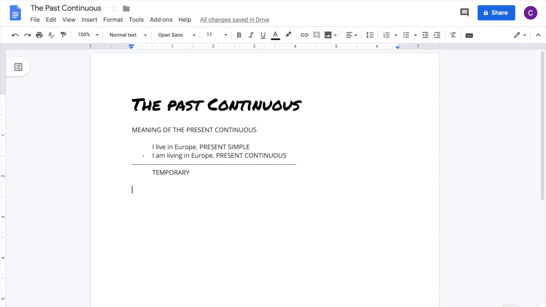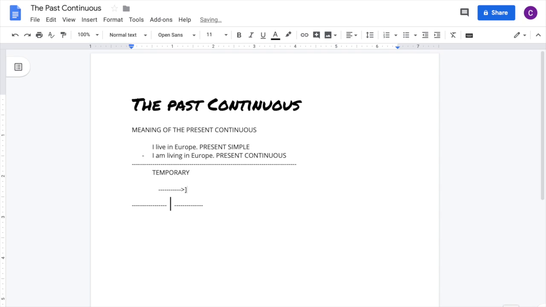Let's look at that in a diagram first, though, so that we can compare. If this vertical line right here is the present moment, right now, then the continuous would be some kind of activity happening like this.